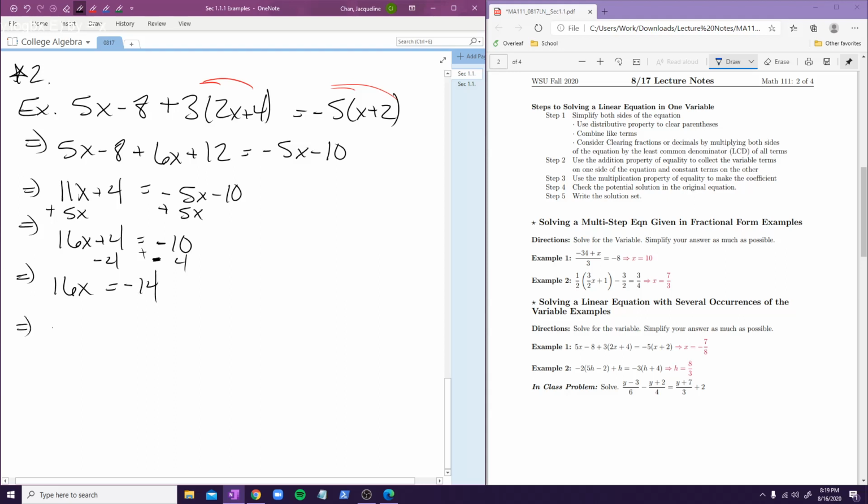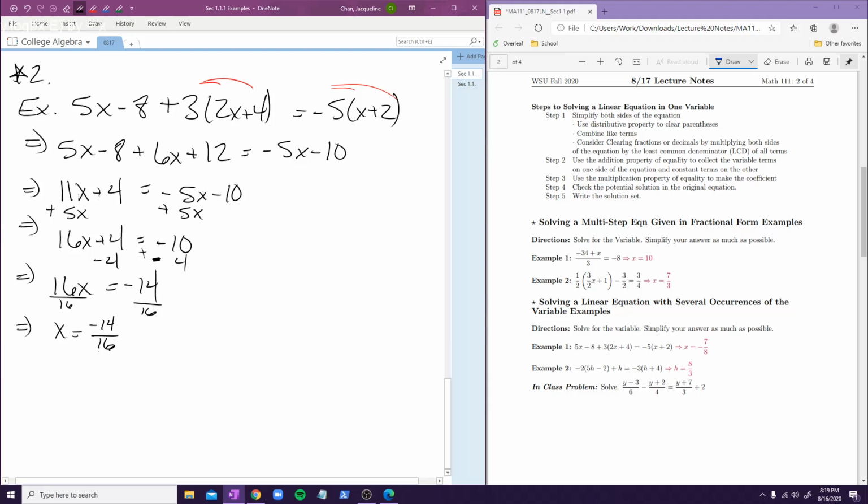Right? And then lastly, so remember, what is our goal? Our goal is to solve for x. In order to solve for x, the coefficient has to be 1. Right? We have a 16, it's not 1. So what do we do? We're going to divide both sides by 16. And when we do that, we get x is equal to negative 14 over 16. Right? Another thing we have to make sure is we have to make sure this is as simplified as possible.